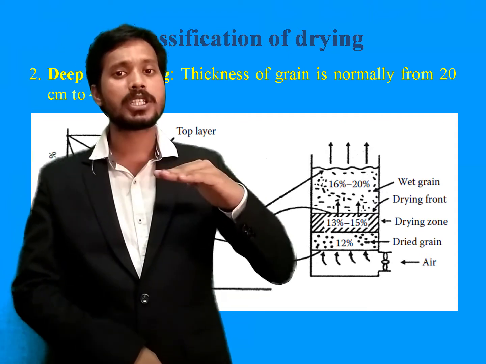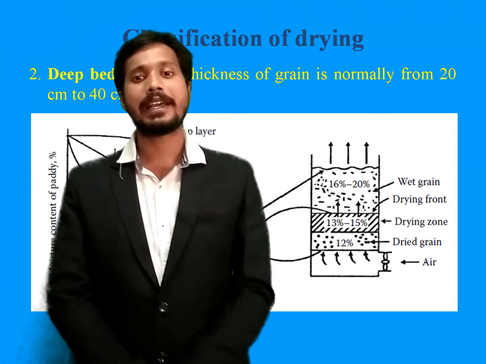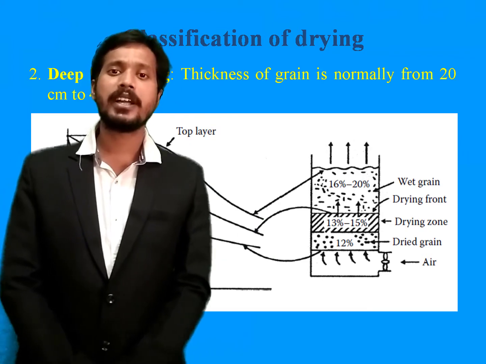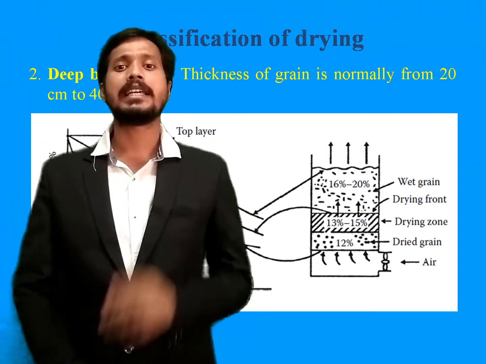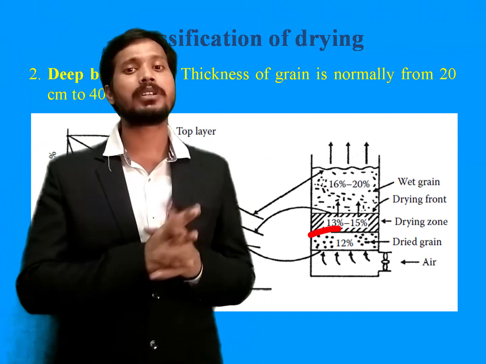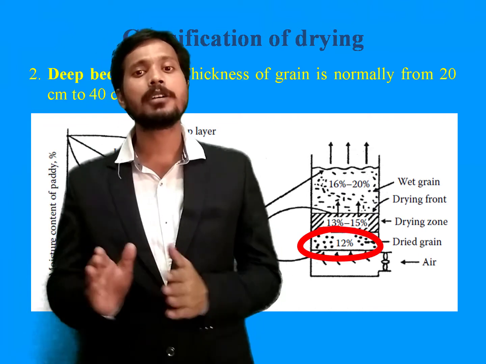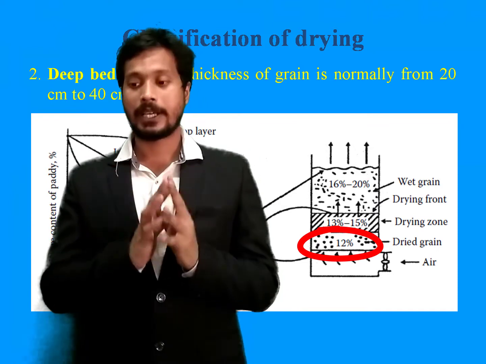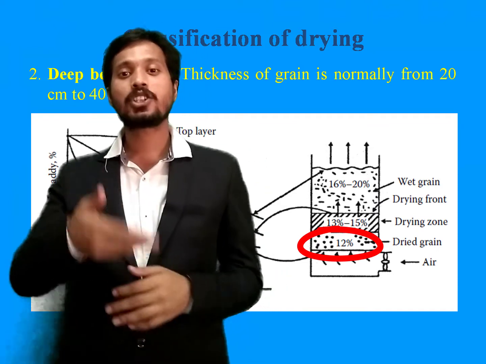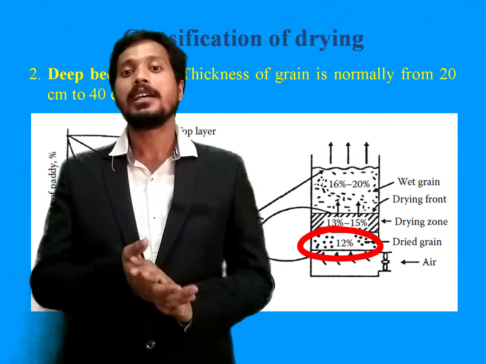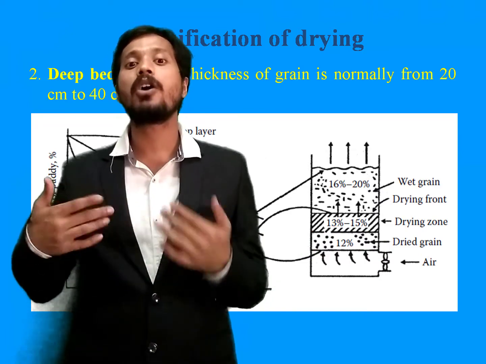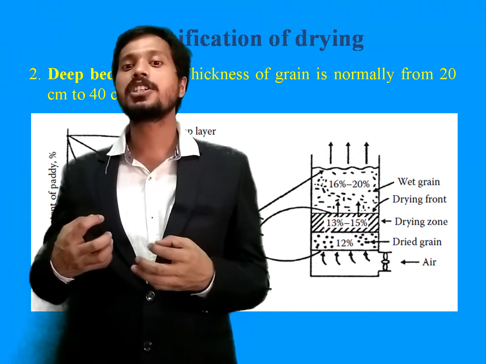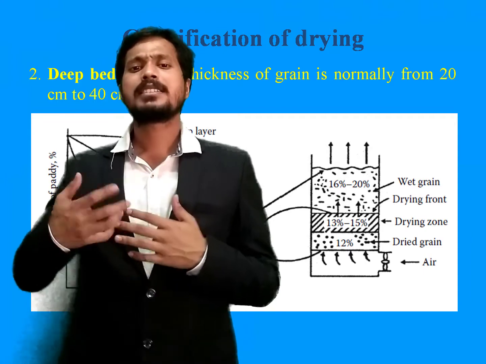The bottom portion of the grain is heated at a high rate, because the heated air comes into contact with the bottom portion of the grain first. So there we get the dried grain. Now if you go up, the hot air collects some moisture from the grain and becomes saturated.